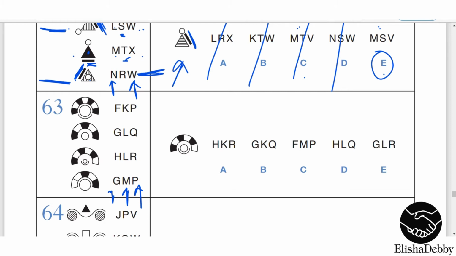On the first letter, you have F, G, H, G. So this is a G in the first letter, and this is a G in the first letter. What is common between those two? I'm trying to think.